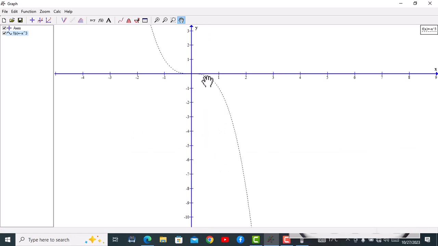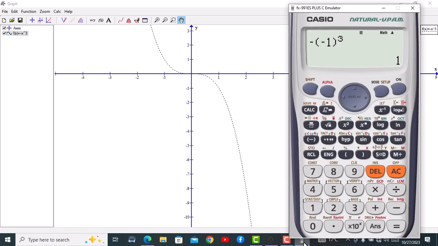Let's check if the function is decreasing. Suppose we take the values 1 and 2. And this becomes my x1 and this becomes my x2. Let's check what we will have. So let me come here and now use a 1 there. And I will get negative 1. Now let me go and use a 2 now.